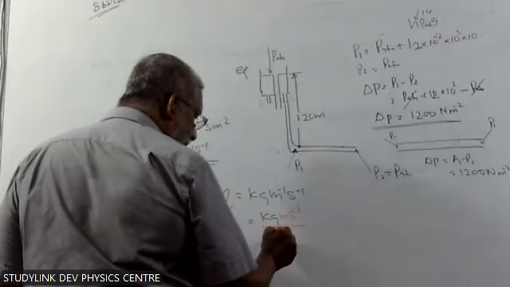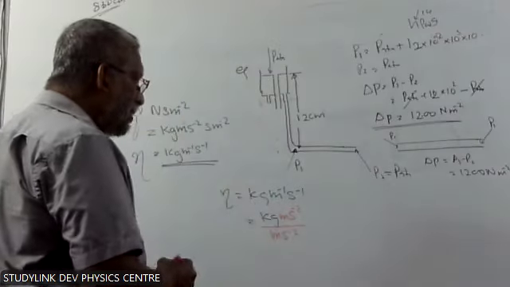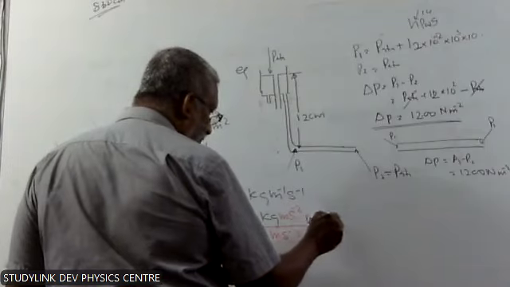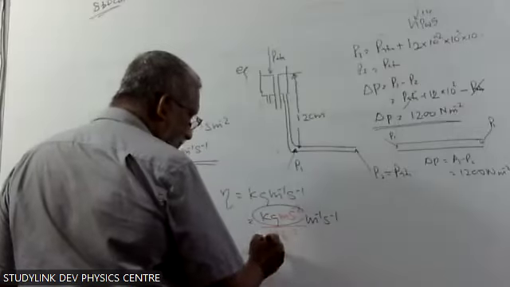So therefore, I am writing below m s^-2. Then both will cancel off. Then you get original m^-1, s^-1. Then this can be written as Newton.